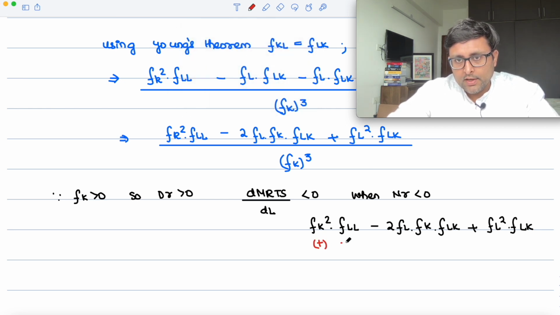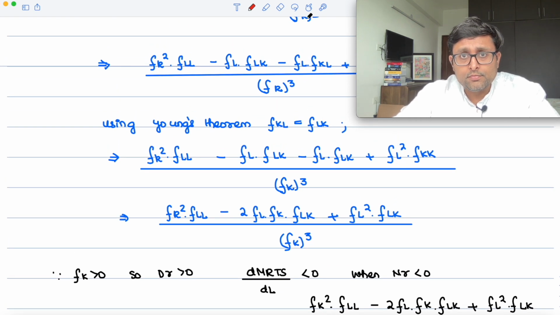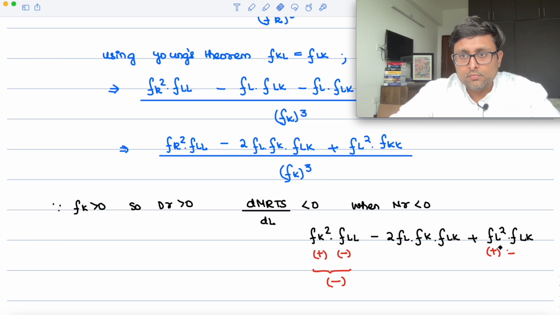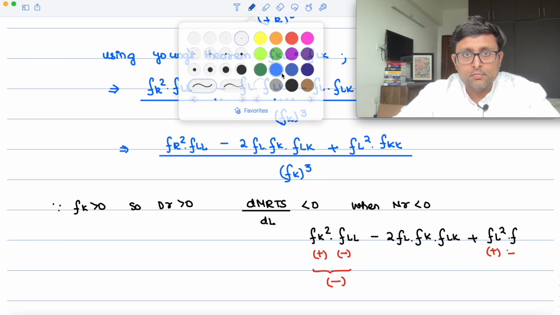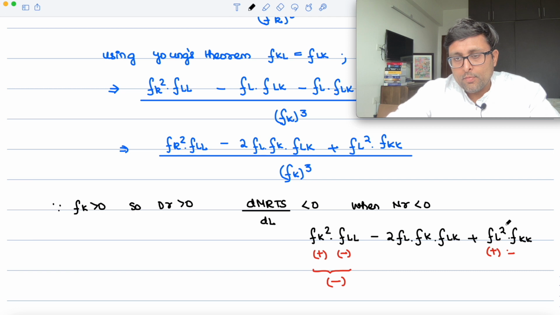FK square is positive. FLL is diminishing marginal productivity of labor, which is negative. So this term is negative. What about this term? FL square is positive, and this is FKK. This FKK is negative, so even this term is negative.